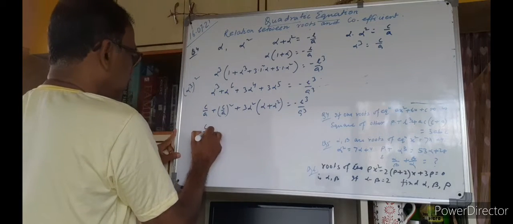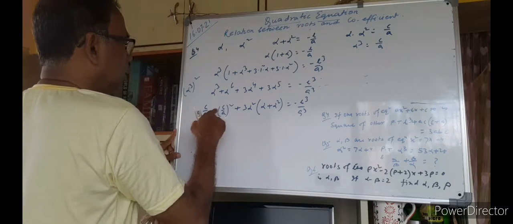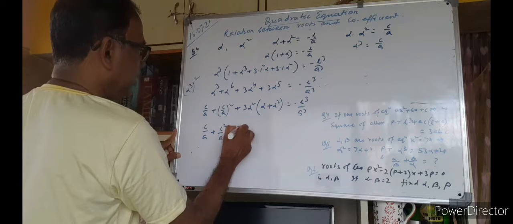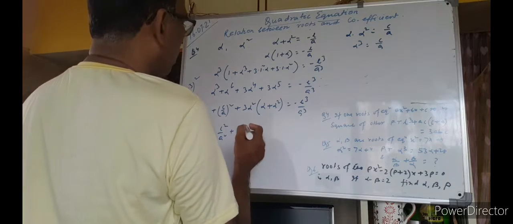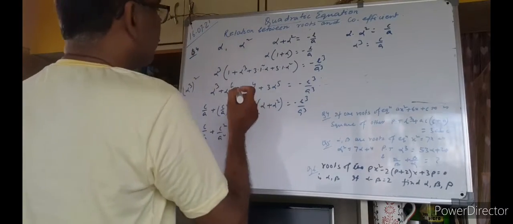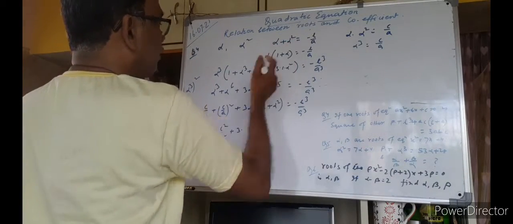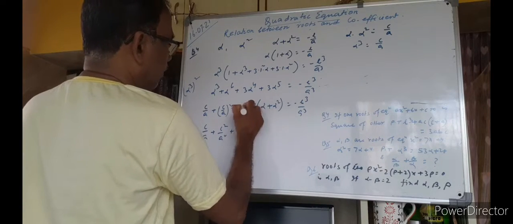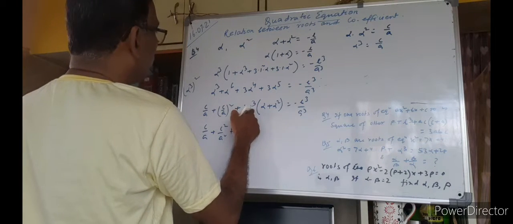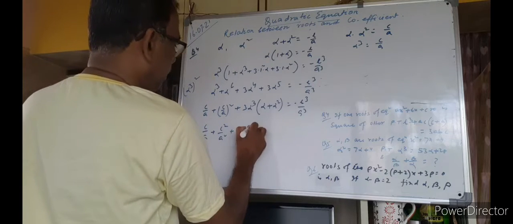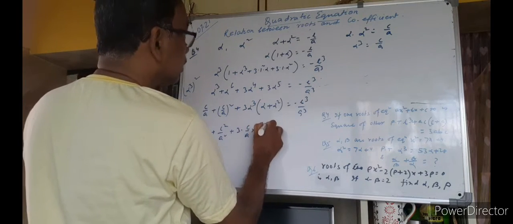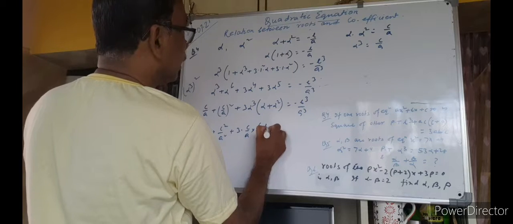Now c by a, we can write c square by a square. 3 into alpha cube, alpha plus alpha square. Alpha cube value is c by a, and alpha plus alpha square value is minus b by a.